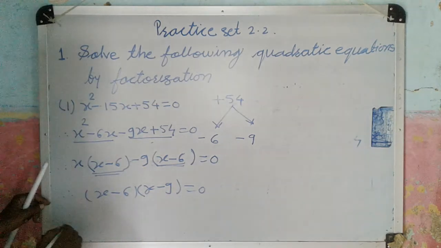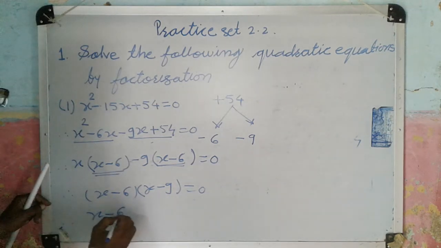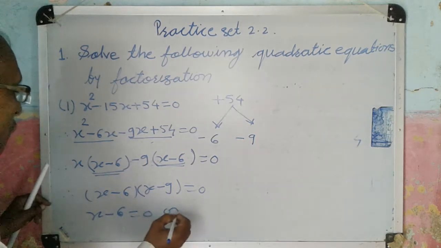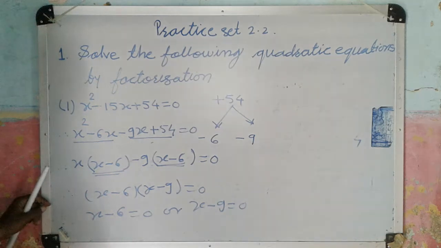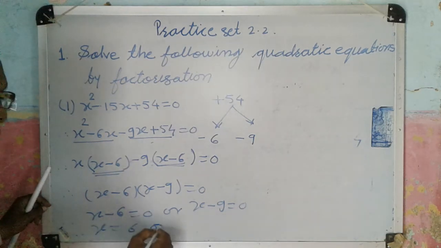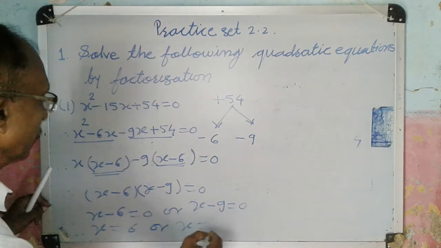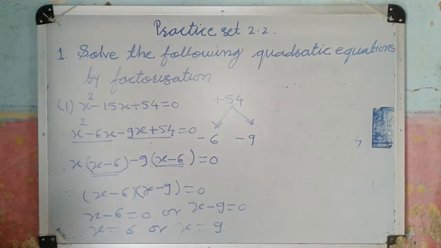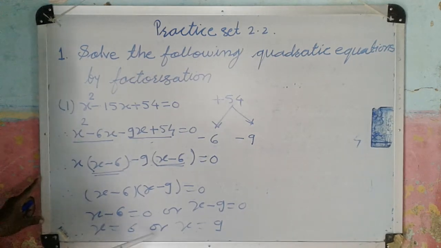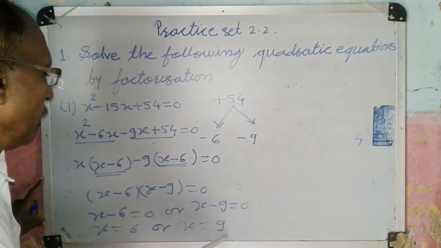That means x minus 6 is equal to 0 or x minus 9 is equal to 0. That means x is equal to 6 or x is equal to 9. So these are two solutions of this equation. So our answer is x is equal to 6 or x is equal to 9.